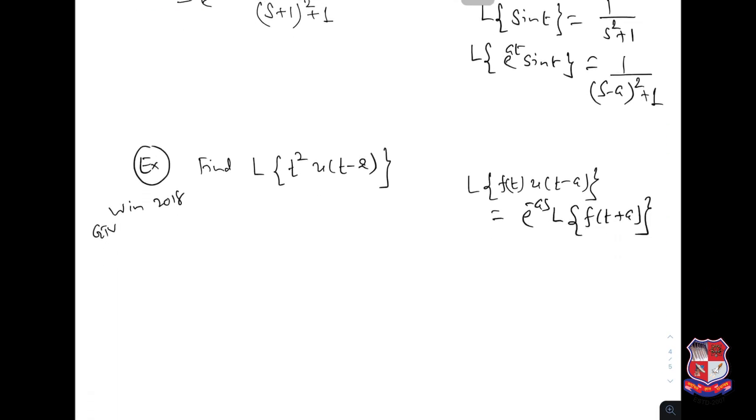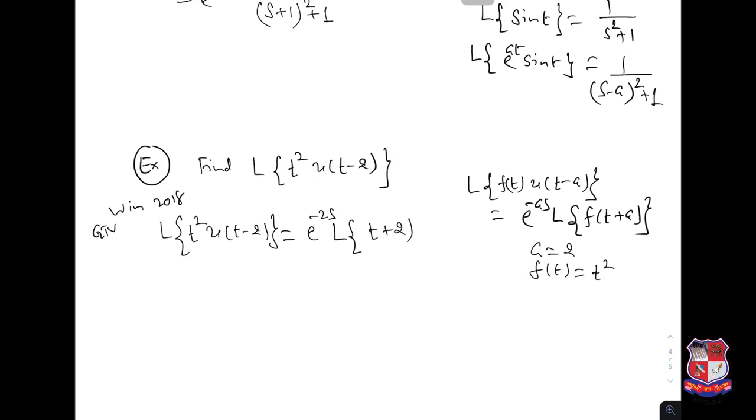So now what is a here? 2. What is f of t? It is t square. So Laplace transformation of t square u of t minus 2 is equal to e power minus 2s Laplace transformation of f of t plus a. So t plus 2 and its square.